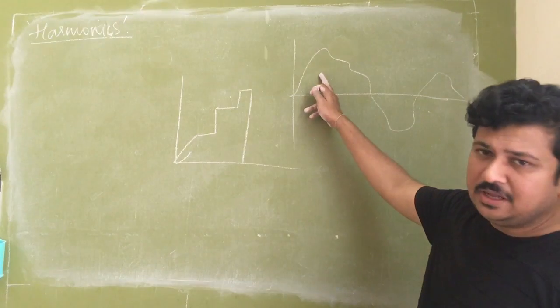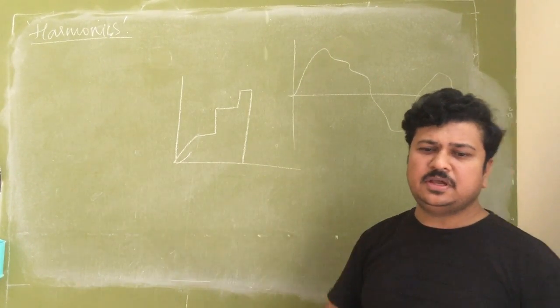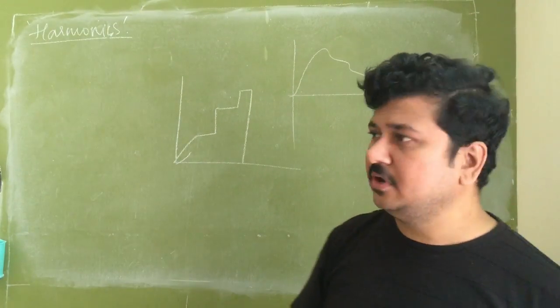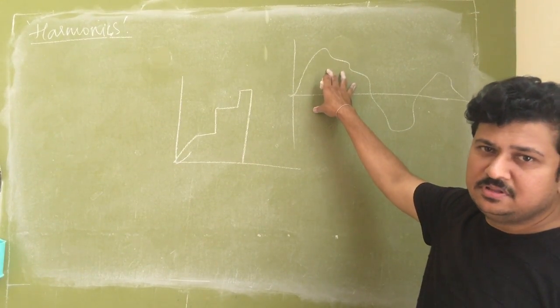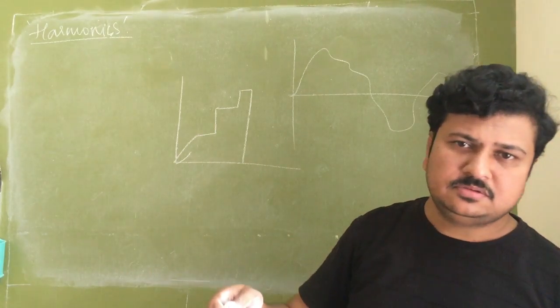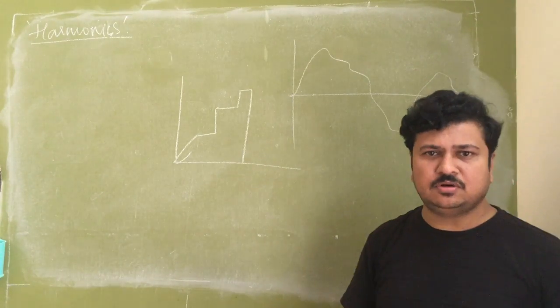Now in this case, I know that the sinusoidal voltage is the fundamental. So simply by applying Fourier series analysis, I will get to know which frequency components are superimposed on this fundamental wave. Then I get to know the components may be 3rd order, 5th order, 7th order, 9th order, 11th order, and so on.